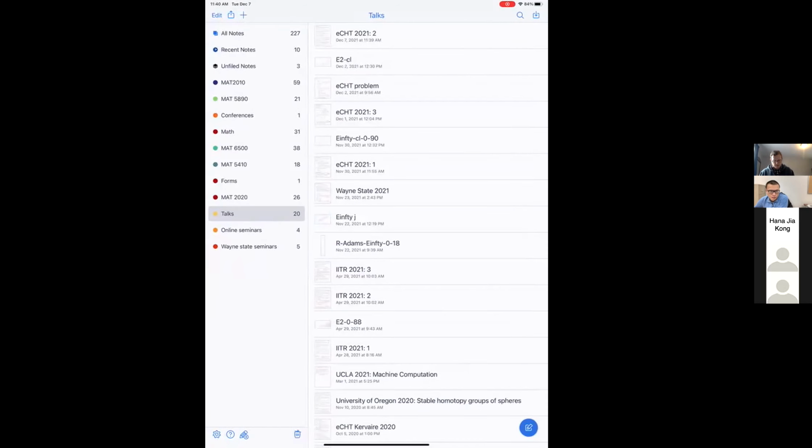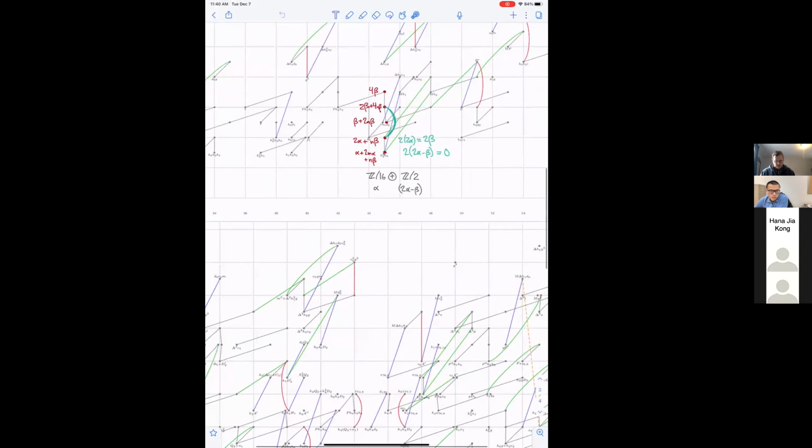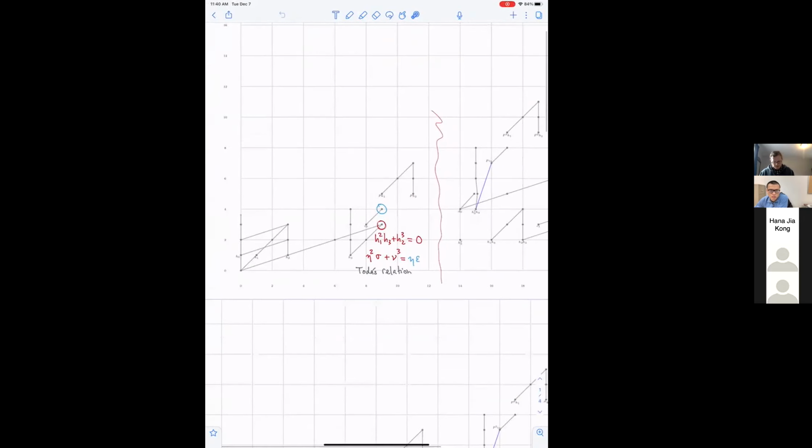So we want the infinity page, and we're way up here near the beginning. So here is C0, and C0 detects an element in pi 8, in dimension 8. There's another dot here in pi 8, and that dot detects two elements of pi 8 that differ by epsilon.